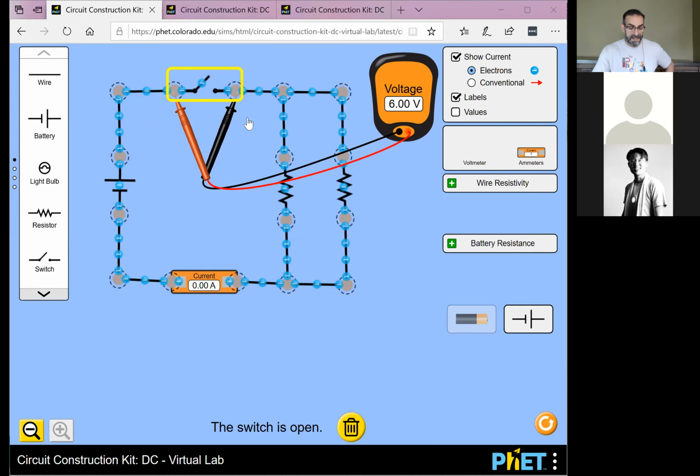It's very easy. I set this up in just a few minutes last night. Very easy to go back and double check things if you're ever unsure of an answer, you don't have an answer to a question in the book, you want to check it, use the PhET simulation.